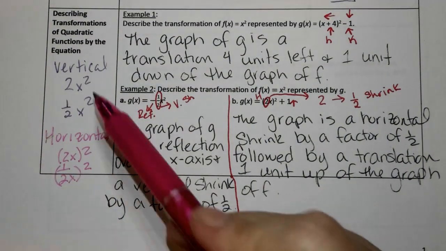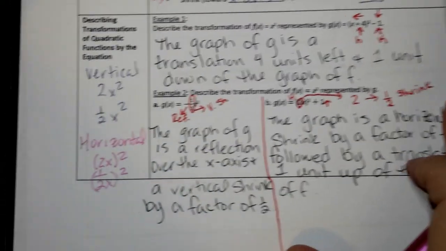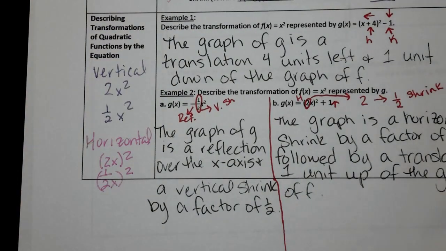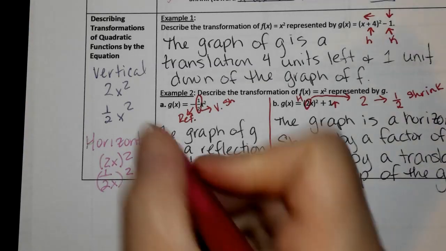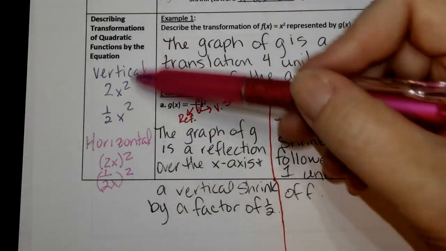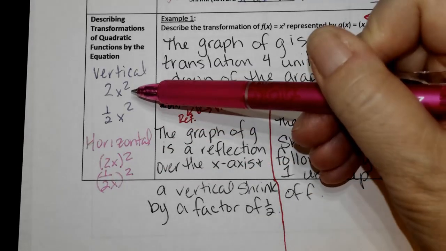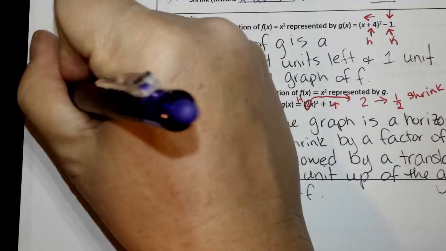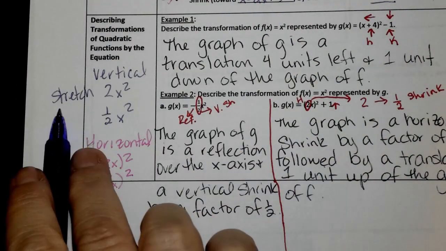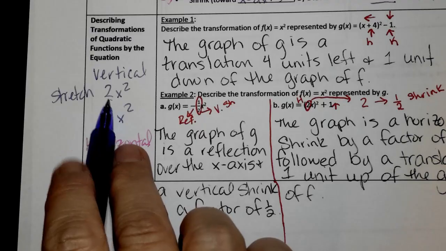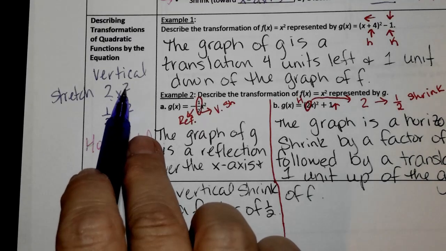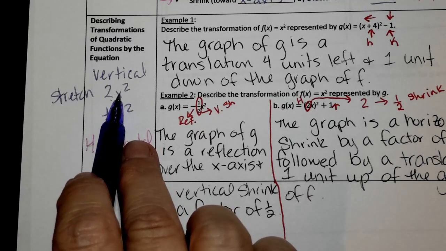Okay, so over here on the side, I put 2 examples because vertical and horizontal is the most misunderstood concept in these lessons. So when it comes to quadratic functions, it is a vertical stretch when it looks like this. So a vertical stretch by a factor of 2. Notice the 2 does not have the square attached to it, only the x does.